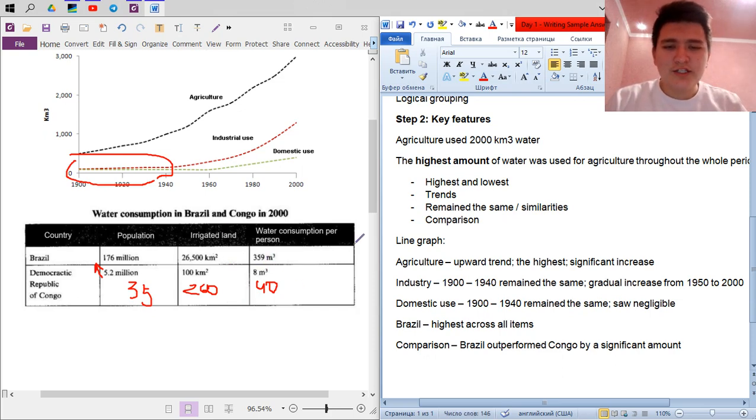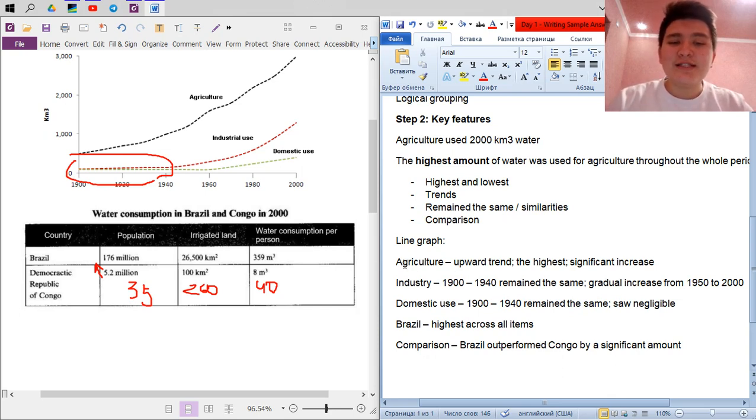Now, step two is done. Step three is, well, before that, we need to also write our overview, right? I'm not going to write anything for the overview, and you don't have to write the overview in the planning part, but you just have to come up with what you would probably include in it.